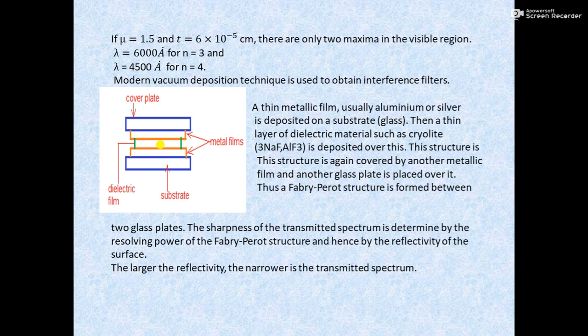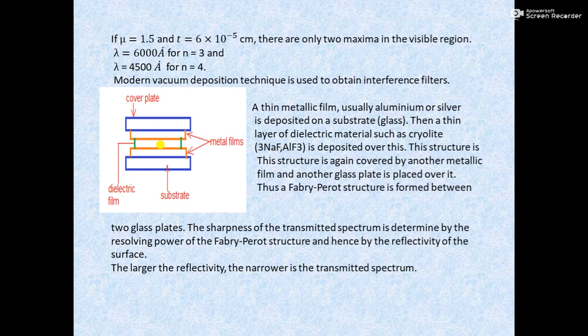If on a glass plate, a lambda by 4 thick film of dielectric material of higher refractive index than glass, such as titanium oxide of the order of mu 2.8, or zinc sulfide which has mu value 2.3, is deposited, the reflectivity of the glass plate reduces. Then a thin layer of dielectric material with lower refractive index like cryolite or magnesium fluoride, with refractive index 1.38, is deposited.